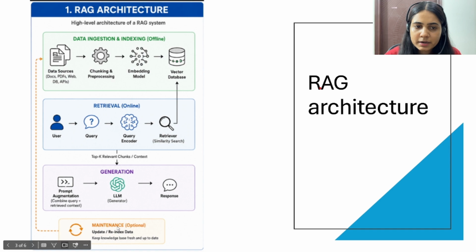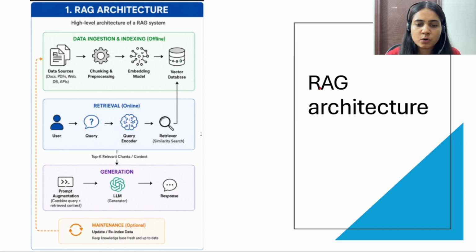At the end we have the maintenance phase. Why is it needed? Because we want our DB to be up to date. If we do not update it, it is the same as an LLM, which is also not getting updated. Here we have to update our DB, which is why we need this maintenance phase, and it is optional as well. We do not need to do this every day or every time; it depends on our requirement. We have to update the documents or do the reindexing.